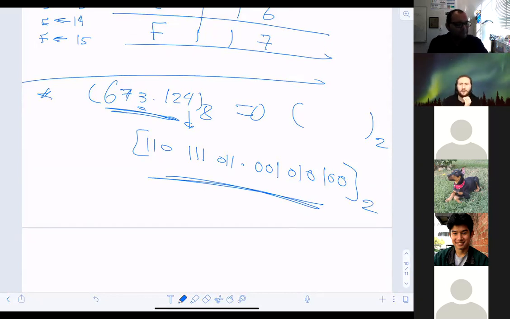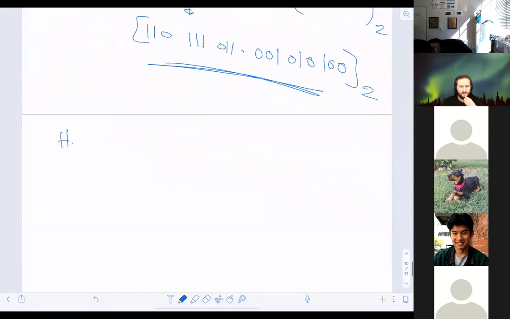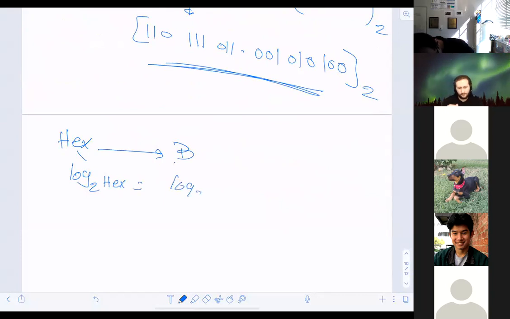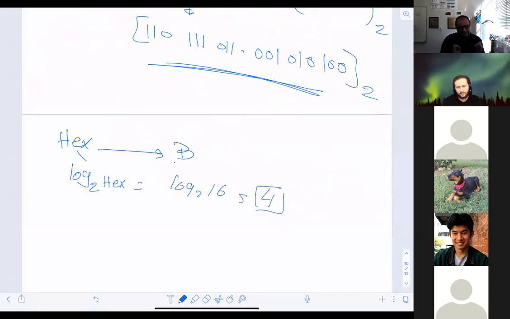And then 4 if you're going from hexadecimal to binary. Yes. Just do it like this. I want a relation between hex and binary, and then I will just take the log of the hex base in binary. That means any digit in hex equals 4 digits of binary.